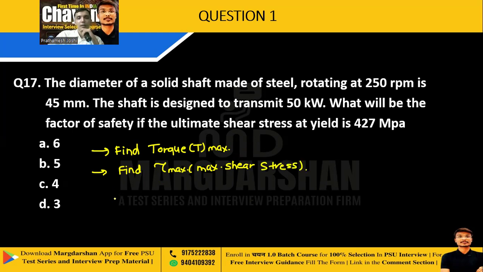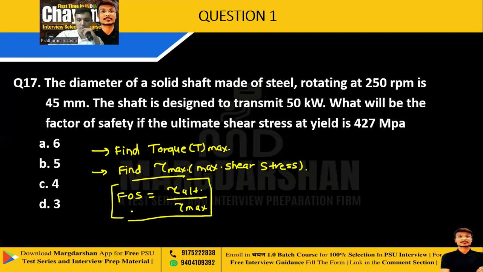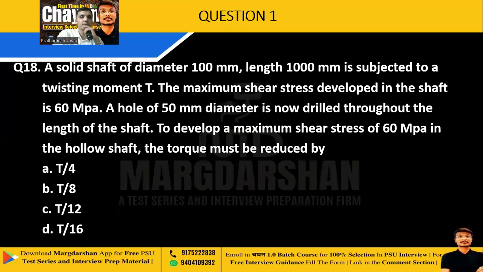And since factor of safety is equal to tau ultimate upon tau maximum, for this case you will get the answer as 4, option C. Okay. This is a pretty straightforward question, but this is good. Some calculations are involved in this.